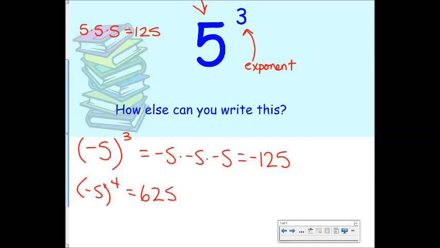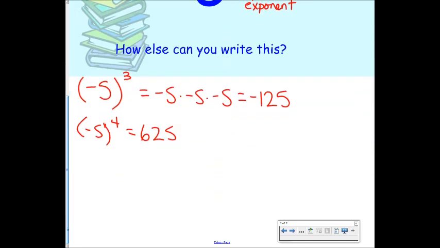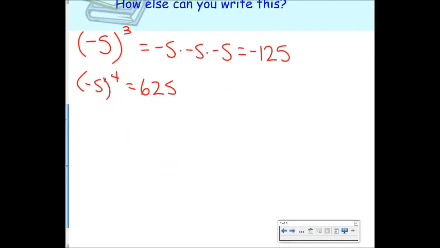Okay. What if I didn't have those parentheses here? What would be different if it looked like this? You would do 5 times 5 times 5, if it wasn't in parentheses.